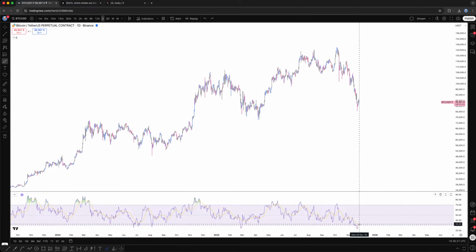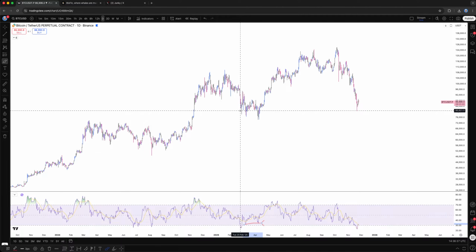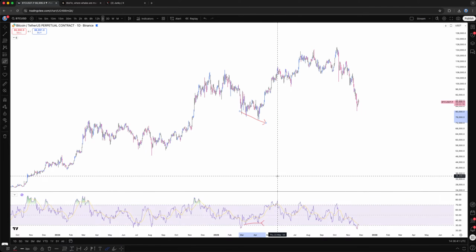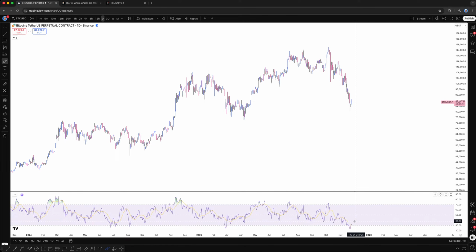What I would look for here is the development of some sort of divergence, more or less what happened down here when we started to form lower lows on the price and higher lows on the RSI. So an interesting area, I just will not blindly long simply because we are in oversold.